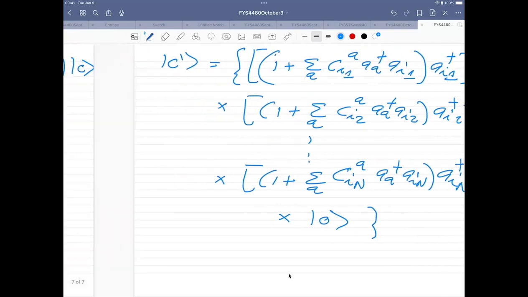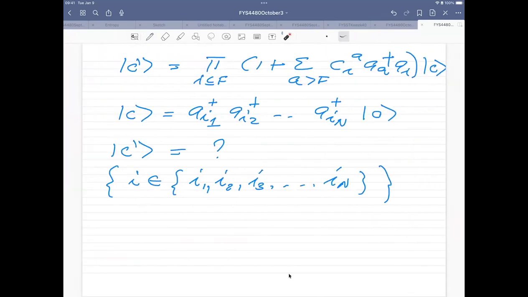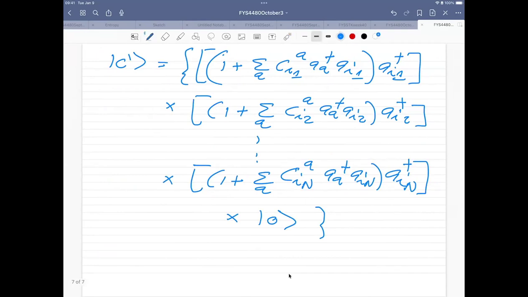So since this I is now included in this set of states below the Fermi level, it means that the first one here is I1, the second one is I2, etc. Now, when I do this, you see very clearly that since these states are different, all these states are different, so they commute with each other. And that means that when I now take the action of this one on the vacuum, I add this one, and then I take it away.